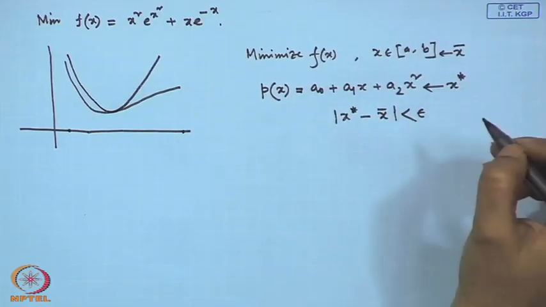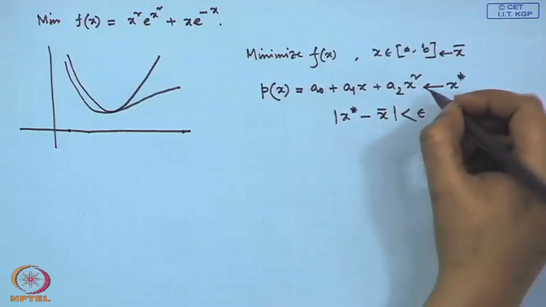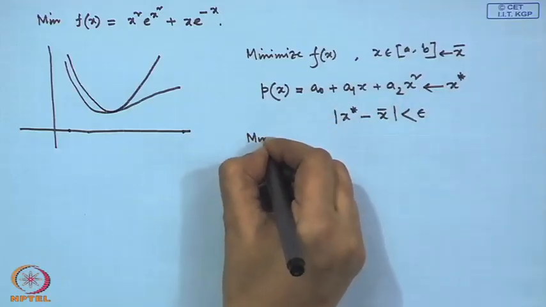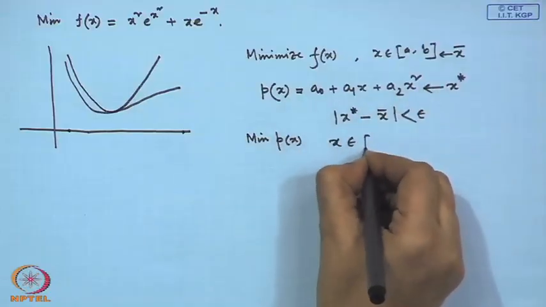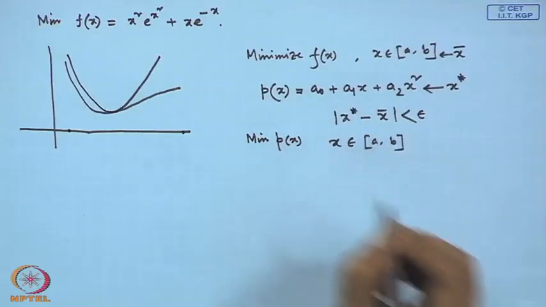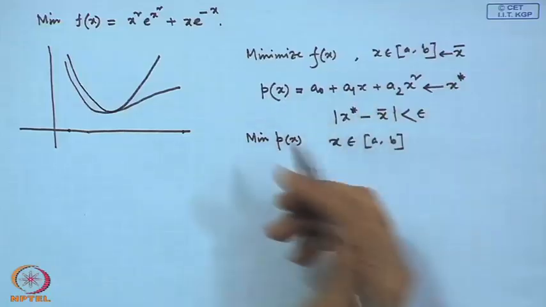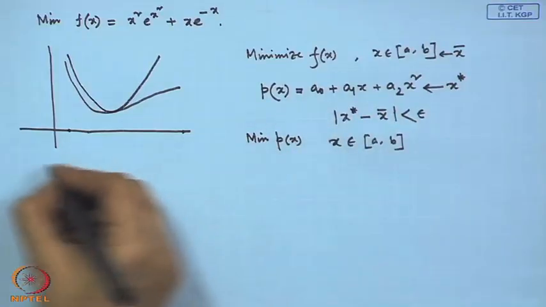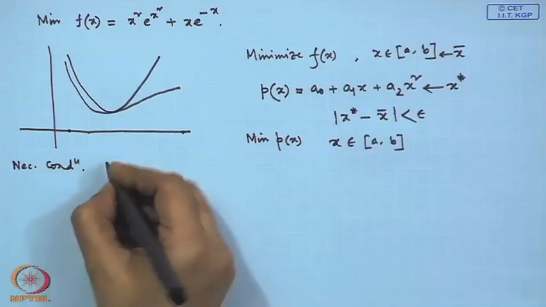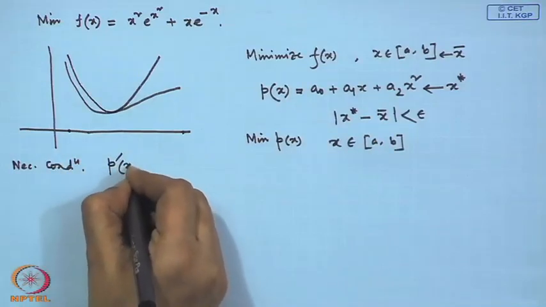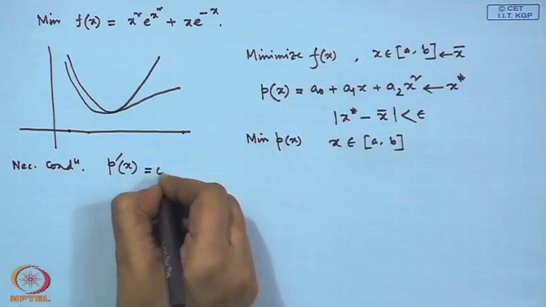Now, we will minimize p x subject to the condition that x belongs to a b. And how to get the minimum? As we know, the necessary condition is that the first order derivative of p with respect to x must be equal to 0.